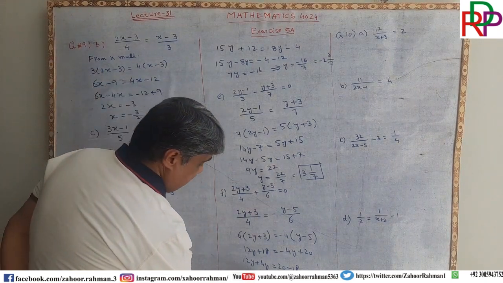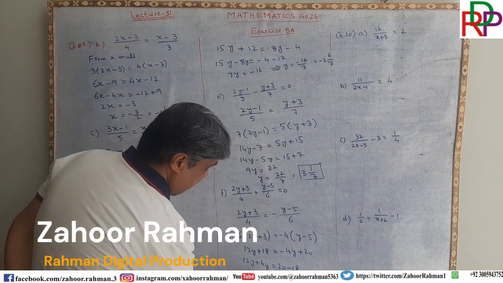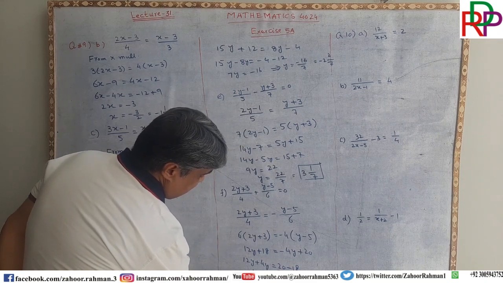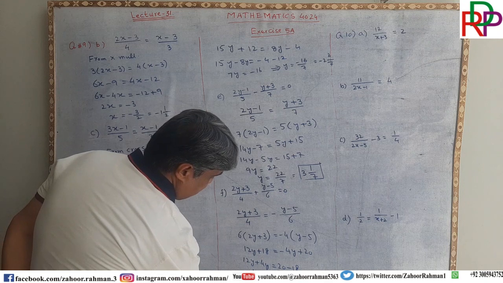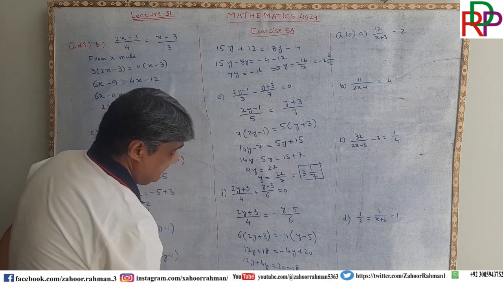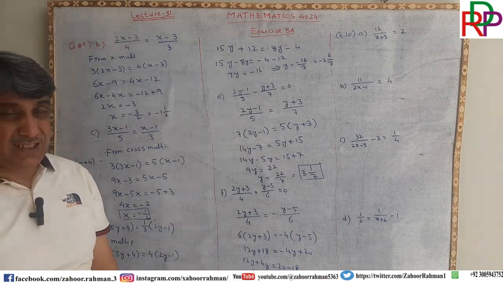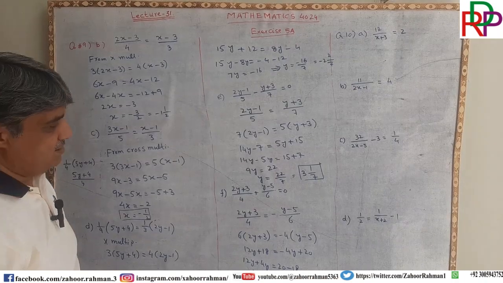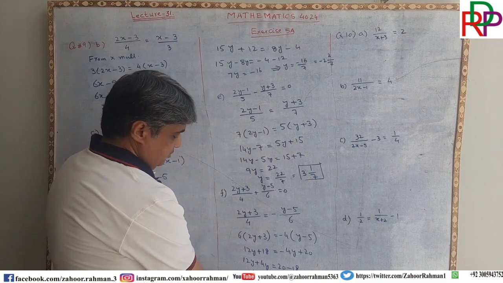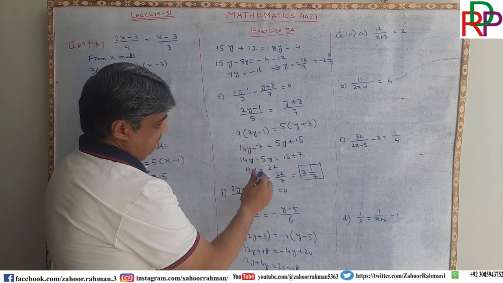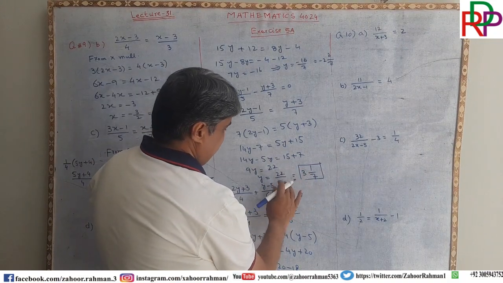So this will become 16y, and this will become 2. So y is equal to 1 over 8 is the ultimate answer, because if we divide 2 by 8, okay, so this is y is equal to 1 over 8, and this is 9.